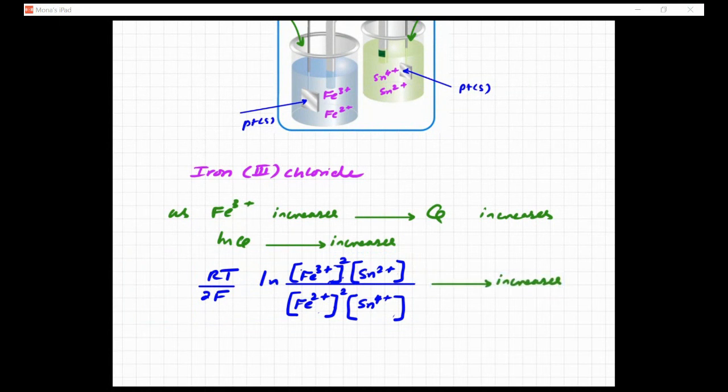So what happened to the cell potential? E cell decreases, yes. So this is what's happening: E cell will be decreasing. Now these are the two parts of this question.